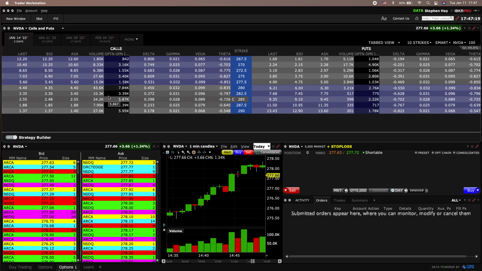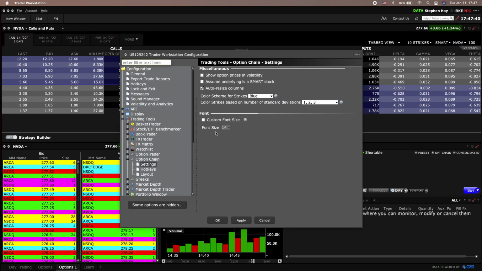Now the only Greek that I care about is delta when I'm scalping, day trading, or whatever. Gamma isn't really important, I'm going to remove that. Vega isn't really that important, and theta, unless we're swing trading, is completely useless. So I'm going to remove all of those to make this table a little bit cleaner and easier as we're day trading.